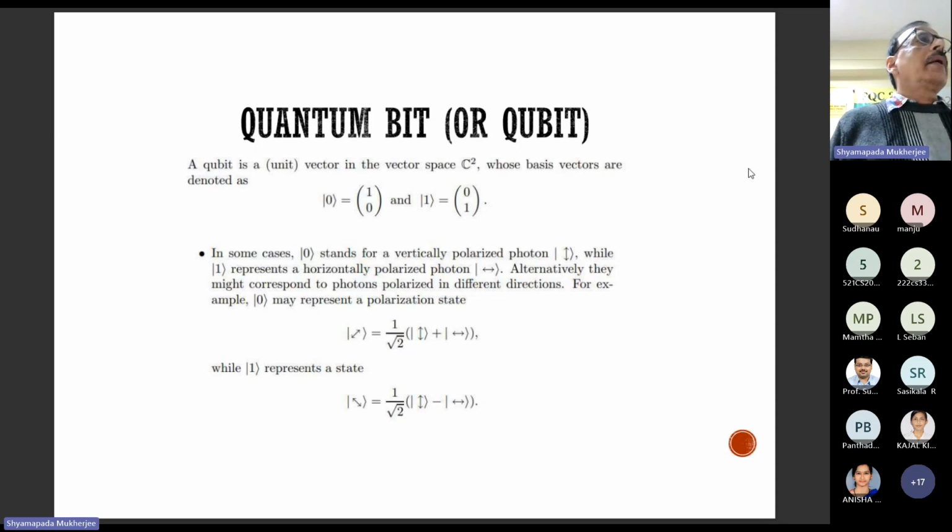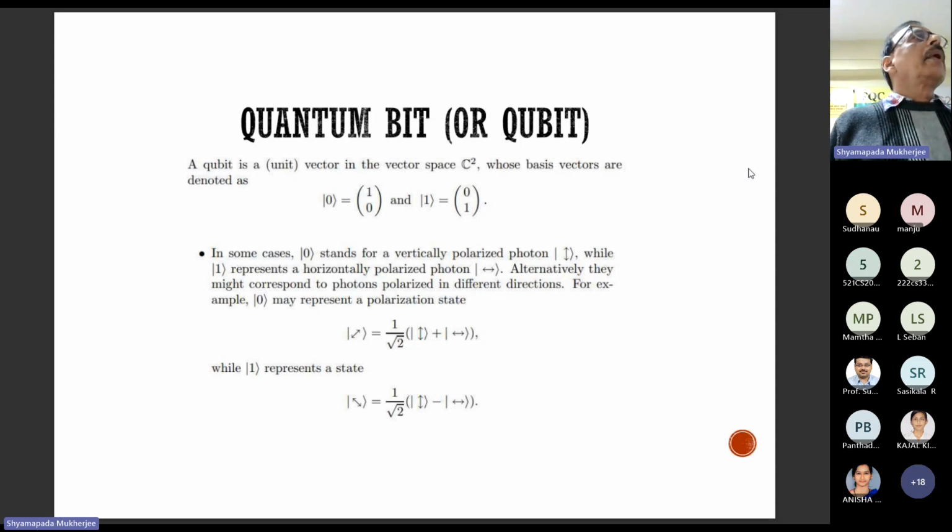What is a two-level quantum system? For example, in the hydrogen atom, the ground state and the first excited state form a two-level quantum system. Second, a Josephson junction, which constructs a superconducting qubit. Third, a two-level quantum system can be realized in terms of a photon. So what is a photon? I know that photons are particles or quanta of light, but these photons are actually polarized.